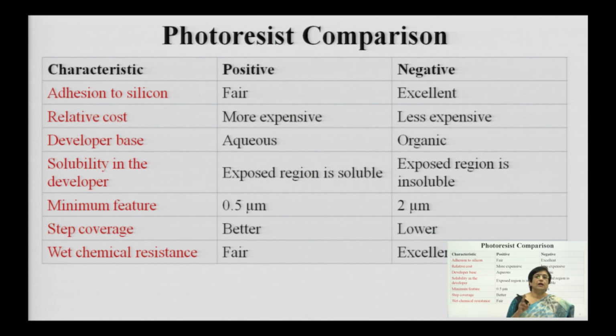Please remember, the positive photoresist will imprint the same thing which is available on the mask. The crosslinks of the photoresist will get weakened and it will dissolve when we put it in the development solution, whereas the negative photoresist will create a complement of the mask onto the wafer and it will get hardened.